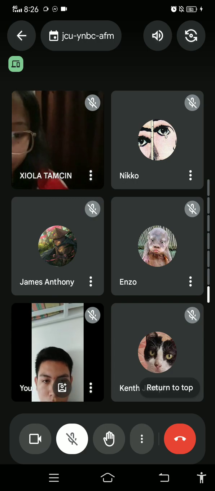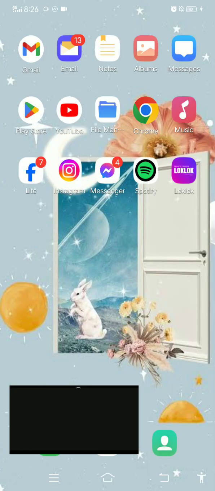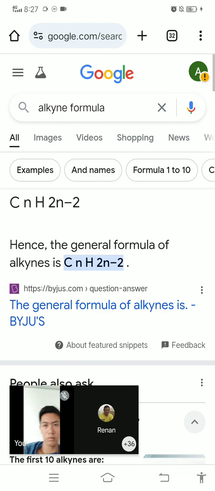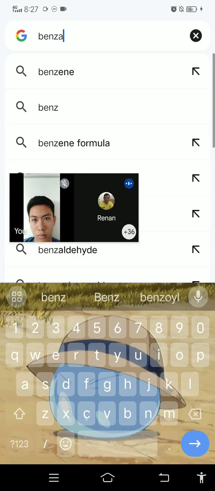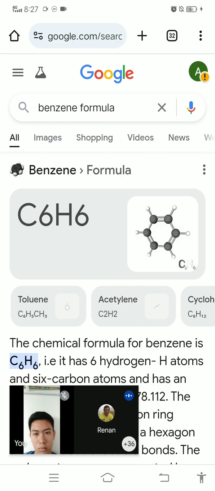Let's talk about benzene because benzene is special. What is the molecular formula for benzene? It is the first example of aromatics. Benzene is not an aliphatic, so benzene is not an alkane. It's not an alkene.